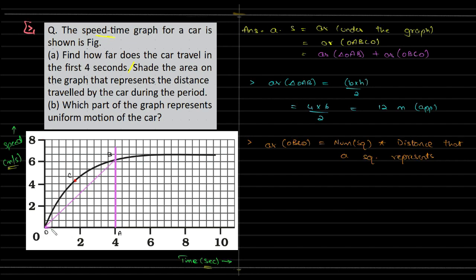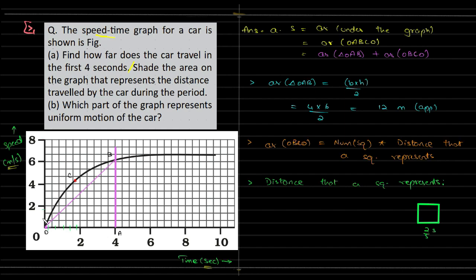See, each of this square is of a particular unit. Let me show it. Distance that a square represents. So to understand this, let me draw a square. And over here along the x-axis, it's going to be of 2/5 seconds. It's representing 2/5 of a second, right? Because there are 5 parts between 0 and 2, so that is representing 2/5 of a second.